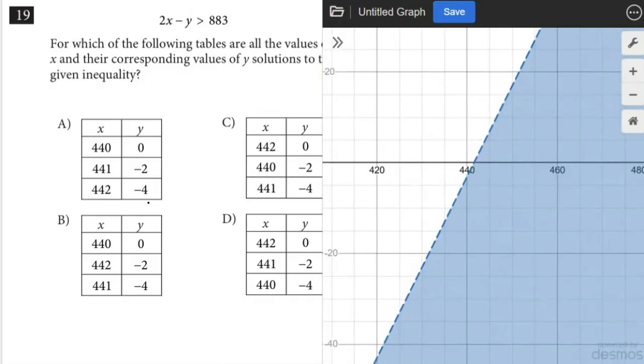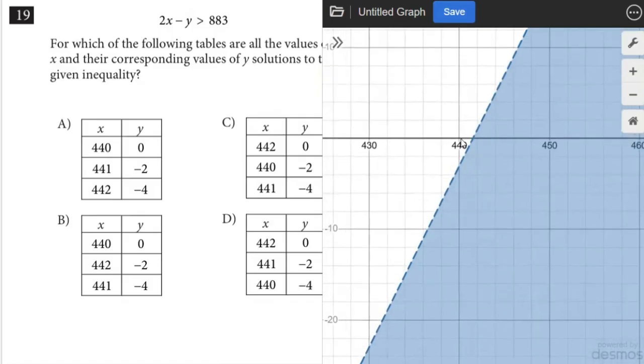Okay, A and B are definitely incorrect. You can check that 440, 0 is not on the line. Let's check some other points. Maybe I can check the second point to see. This gives me a -2 on 441, and this gives me a -2 on 440.